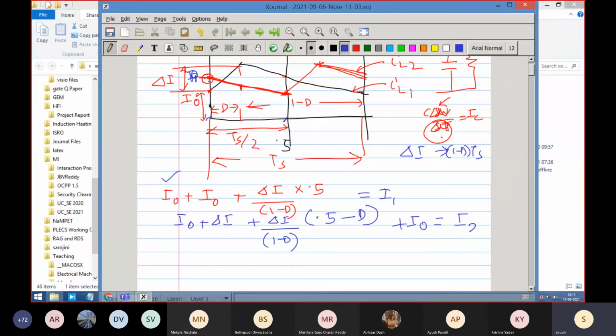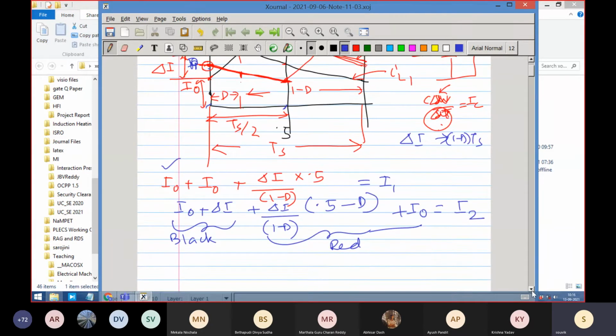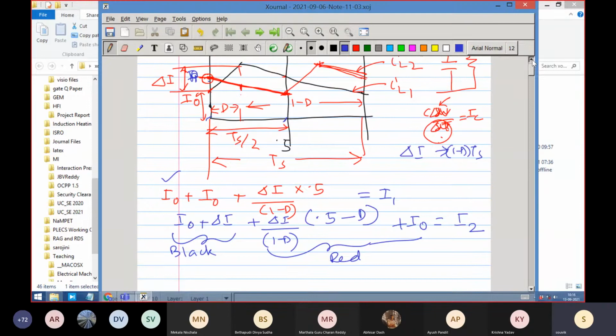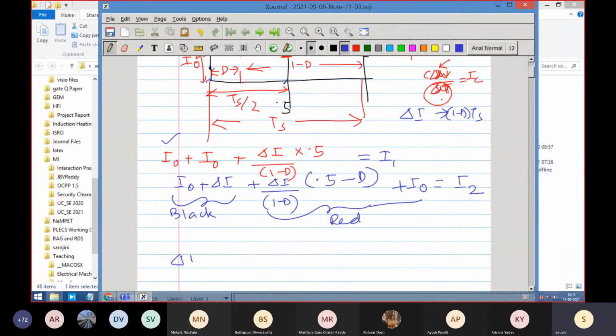I mean to say this is due to the black color current, and this is contributed by the red color current at the peak value. So if I want to know the new delta IT, the difference is delta IT, so this minus this.